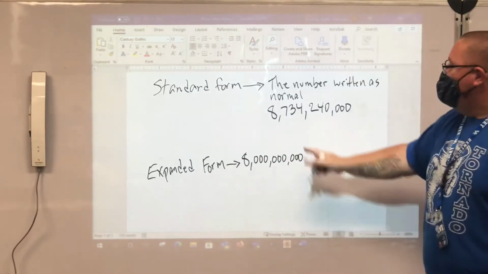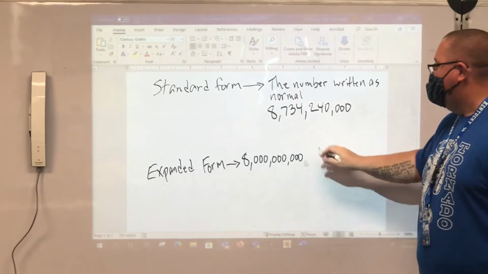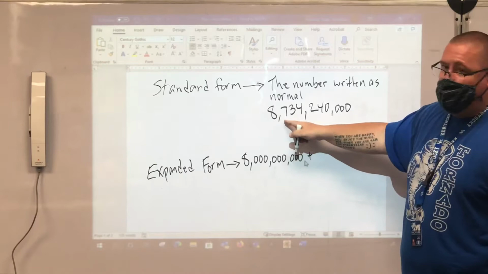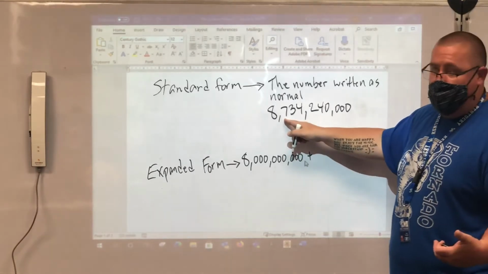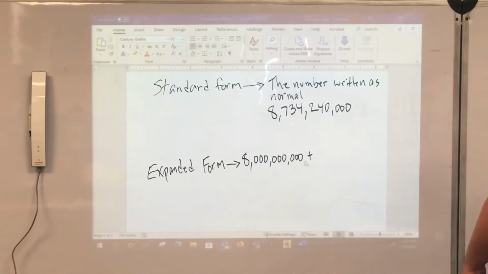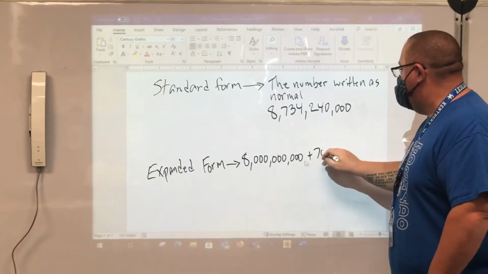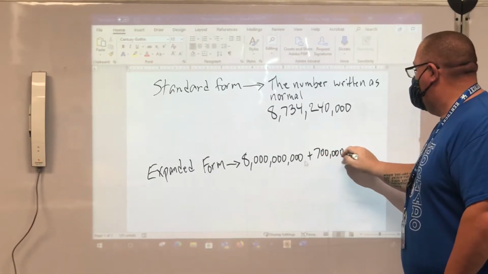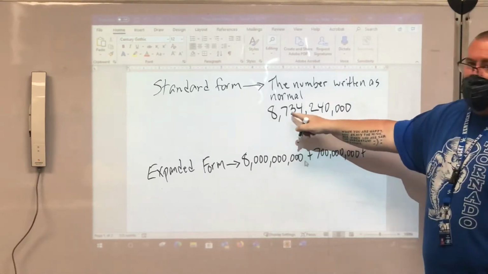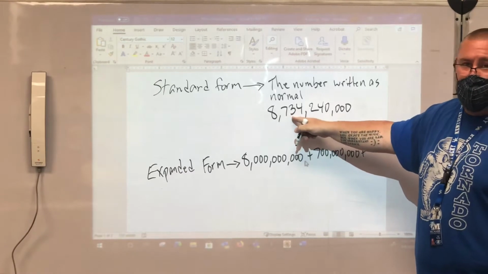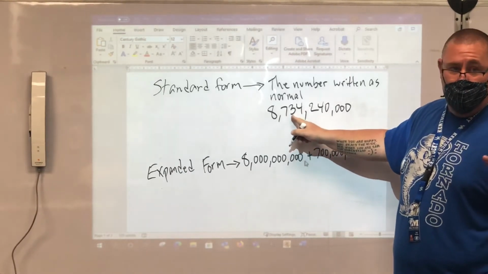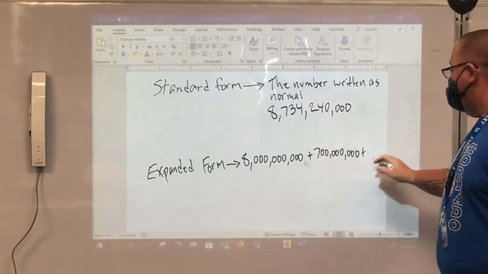And from there we move down through our periods. We are now into the millions, and this is the 100 millions location, so we have 700 million. Plus, this is the 10 million spot, so we have 30 million.